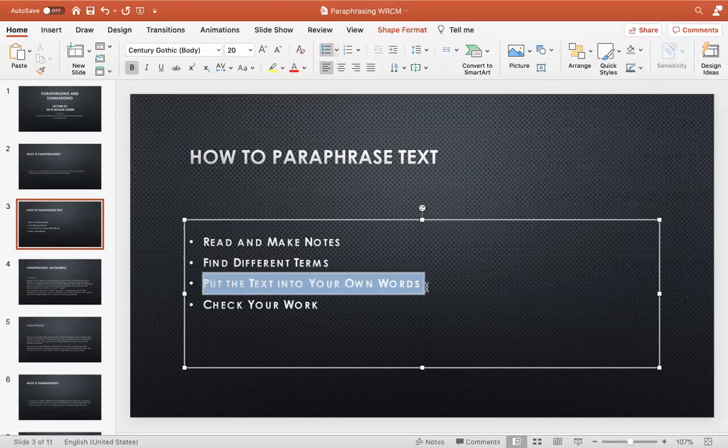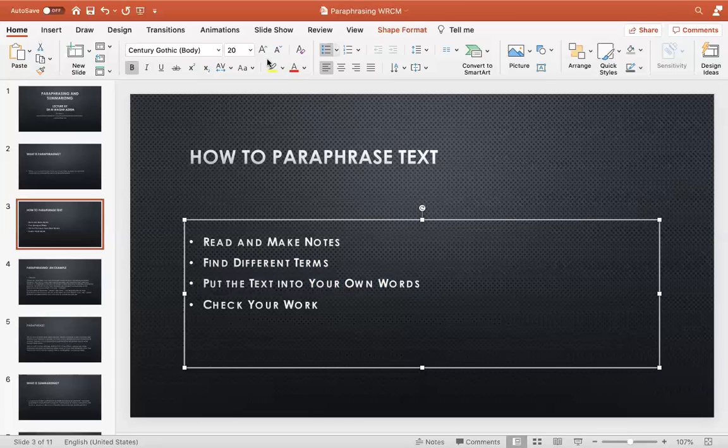And then the third step is to put the text into your own words. So you have read a given text. You have taken the notes in the margins. And then you have spotted the unknown, unfamiliar, new technical terms and found out their meanings.